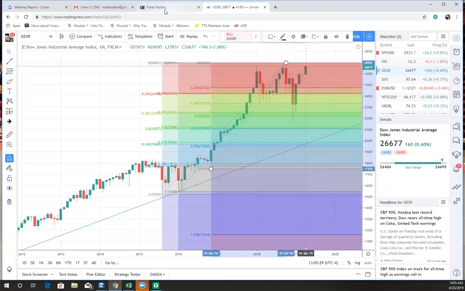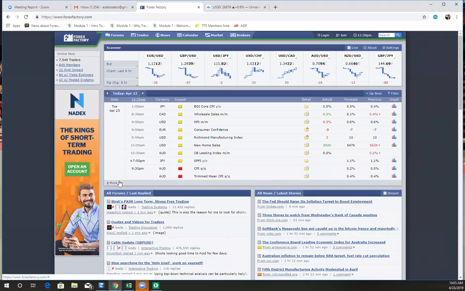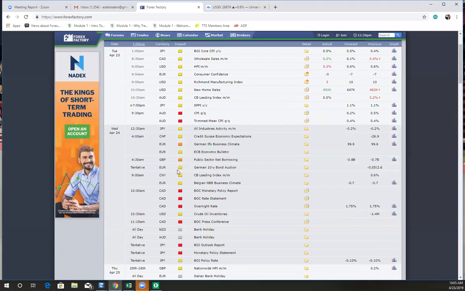So in other words, we need to figure out, until the end of the month, what are the major news that could affect price, either to push the price beyond 26,696, or no one's willing to go beyond that, and it's going to fail.